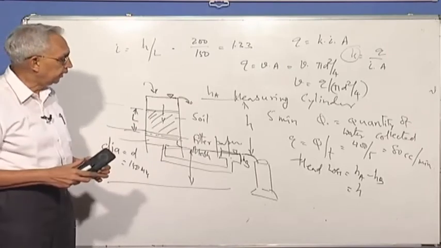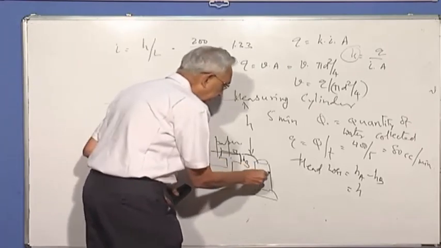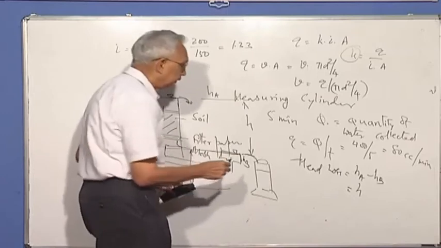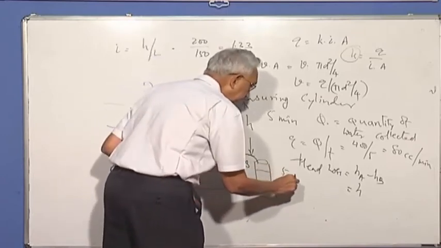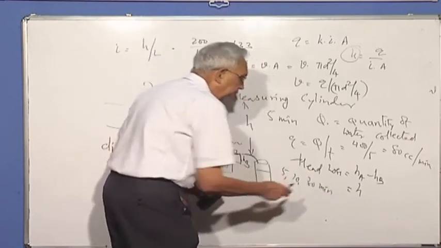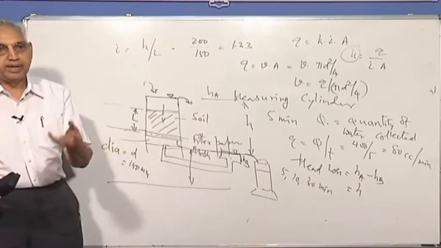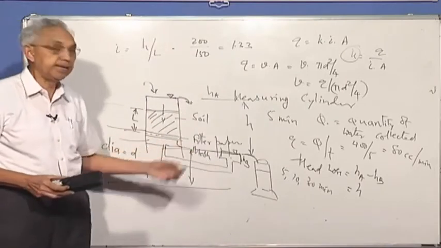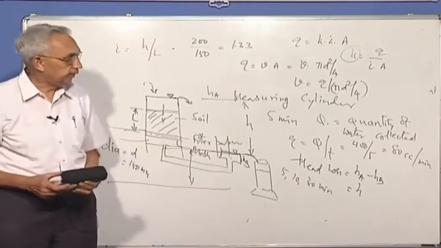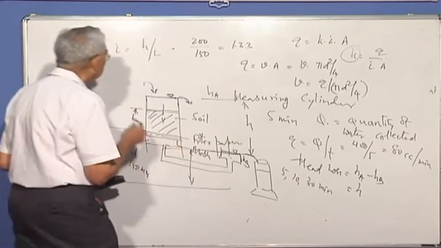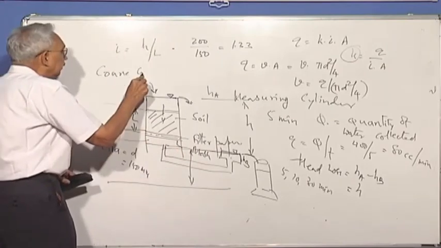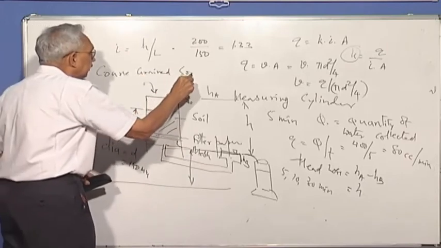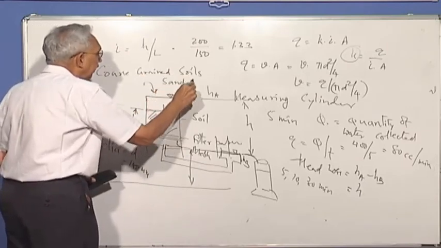This can be done if I can collect enough water. Suppose I wait for 5, 10, 30 minutes. If I can get maybe 50, 100, 200 cc of water, I can measure it. This large quantity is possible only in coarse grained soils, that is sands and gravel.